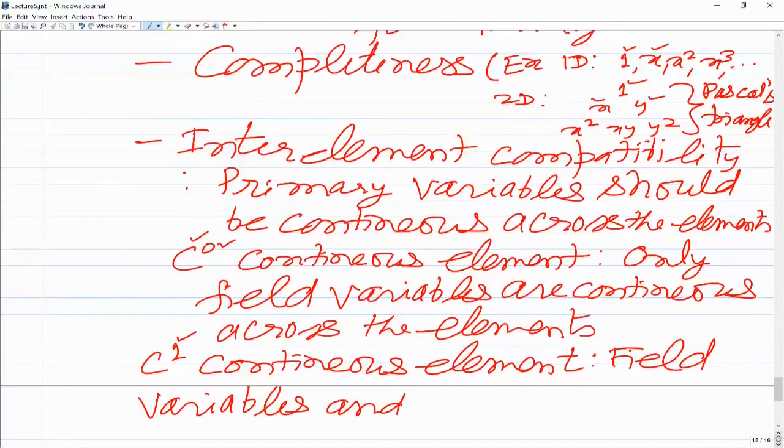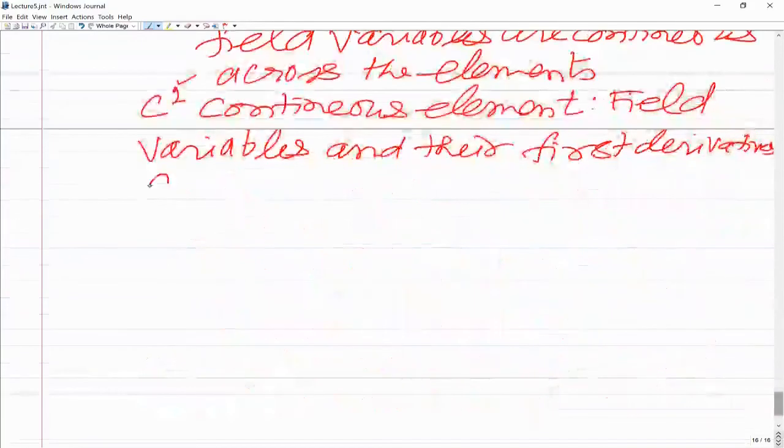So in this case, field variables and their first derivatives are continuous across the element.